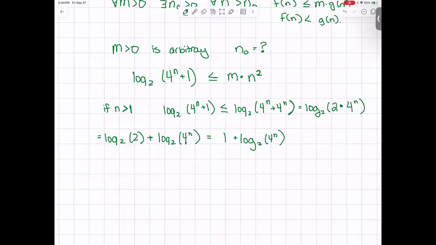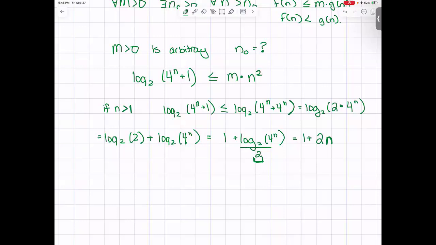Now this log base 2 of 4 to the n, we can do log base 2 of 4. Log base 2 of 4 is going to be 2, and we know that. If that n wasn't there, we would know that, which means we get to bring down that n, and we're going to end up with 1 plus 2 times n.